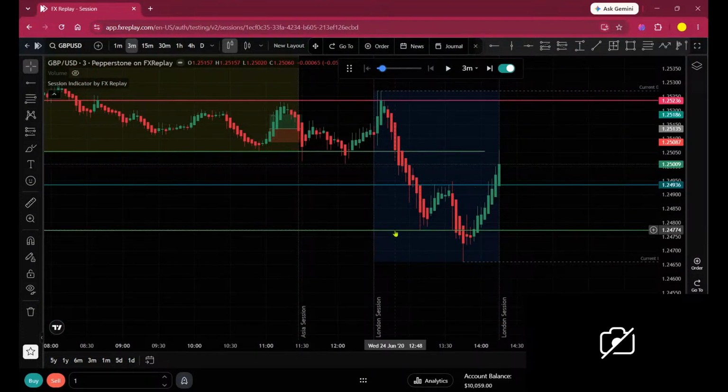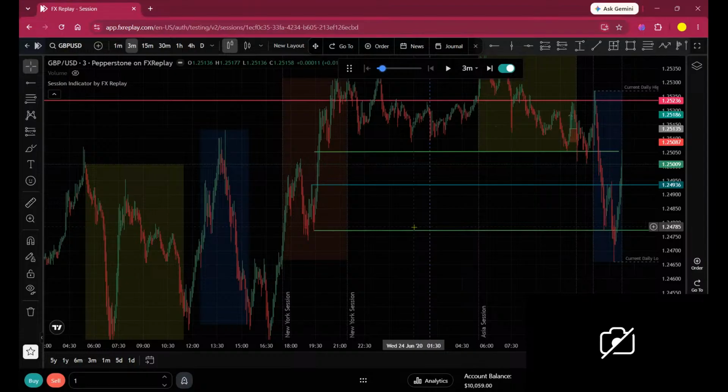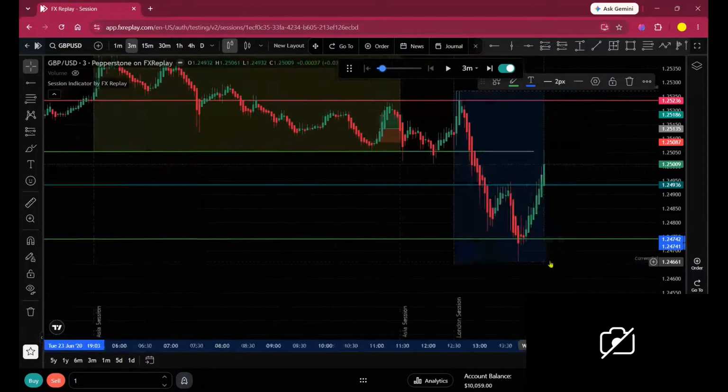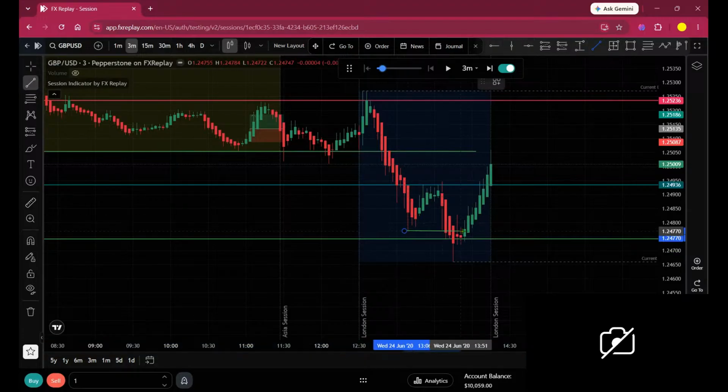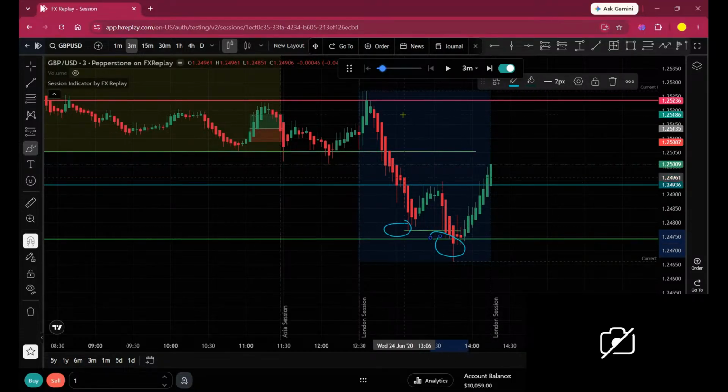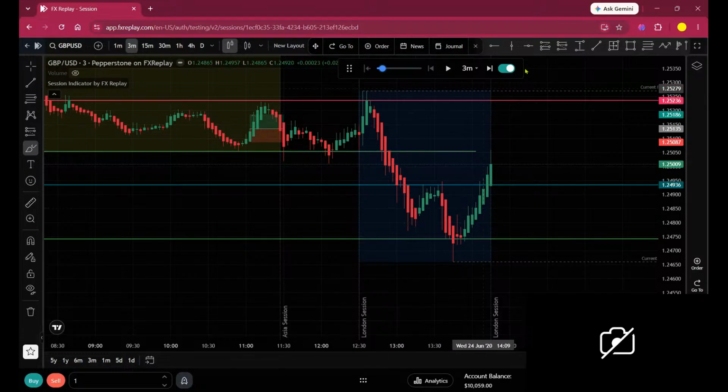If you see here also, what did the market do? Market swept the liquidity, this liquidity sweep, this liquidity sweep, and after that market gave you this candle, right?